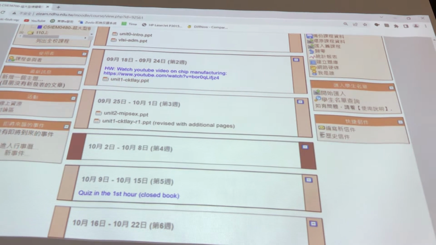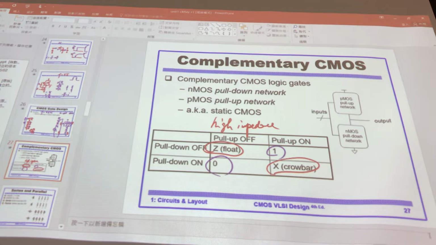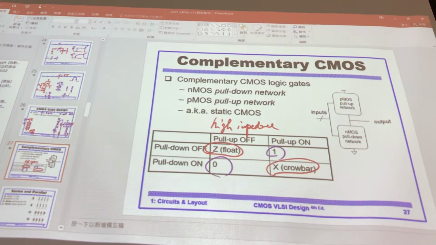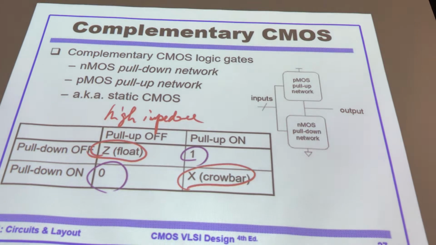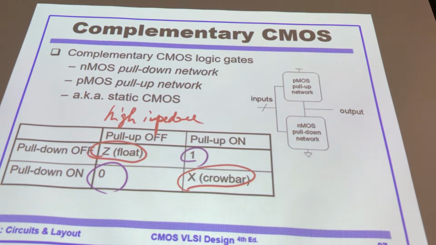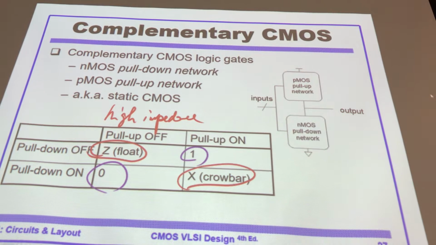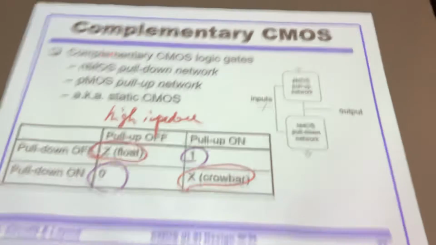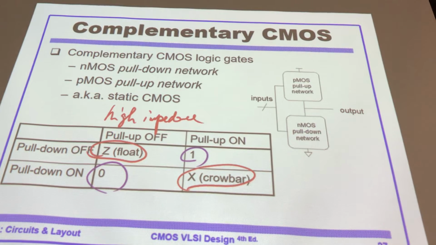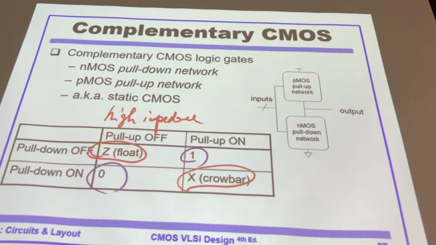Let's continue the discussion of basic circuit. Okay, last week we mentioned that given a complementary CMOS logic gate, this is the basic structure.